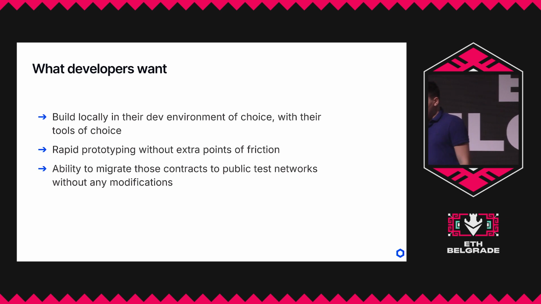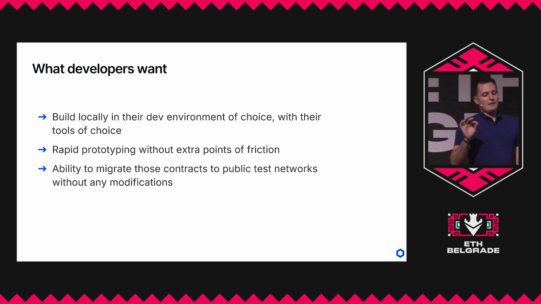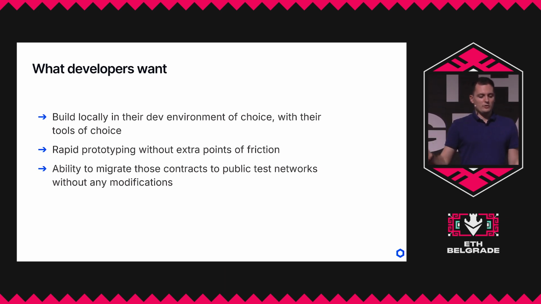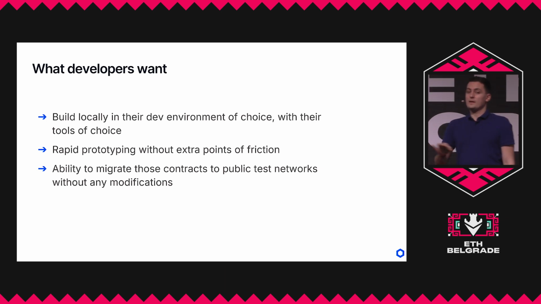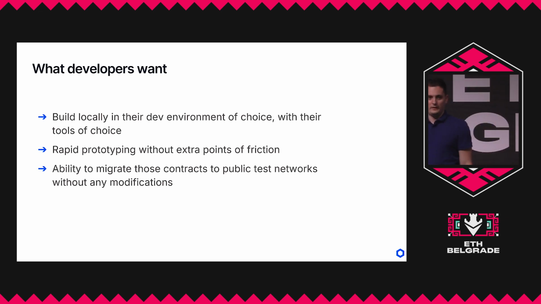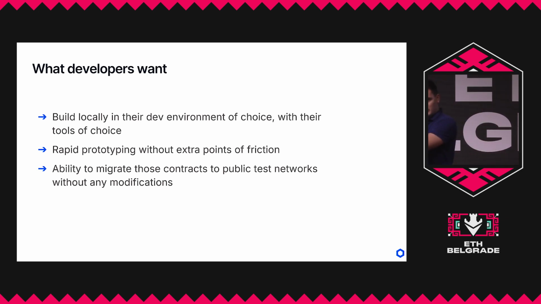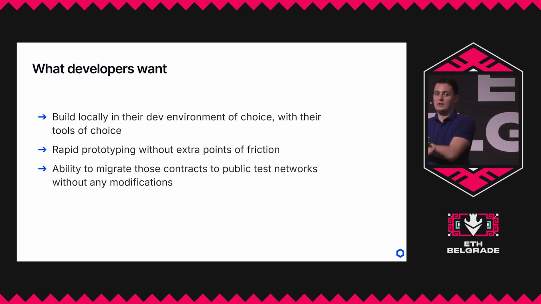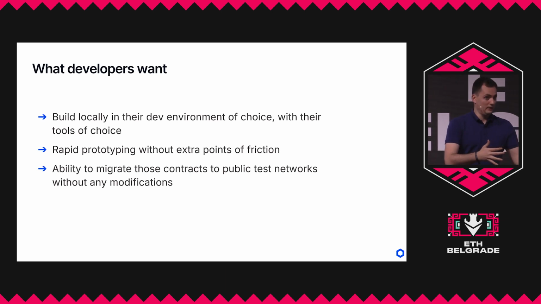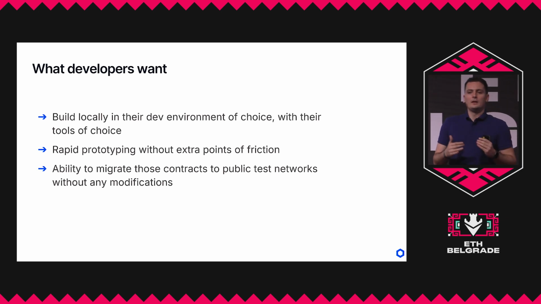The most important thing for this tool was the ability to migrate those contracts to public testnets, once they are ready for public testnet testing, without a single modification. What you build locally with this tool, you can port back to testnets without changing anything except maybe config details. It must work one-to-one. That one-to-one compatibility is hard.